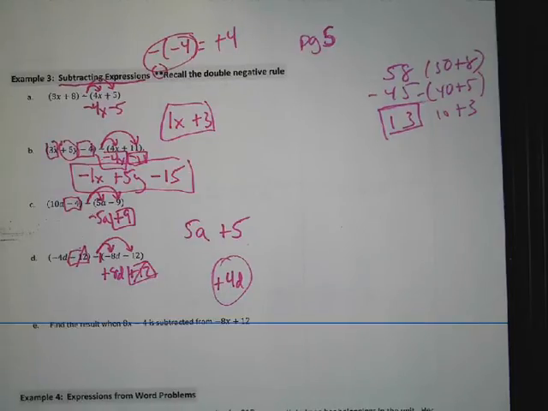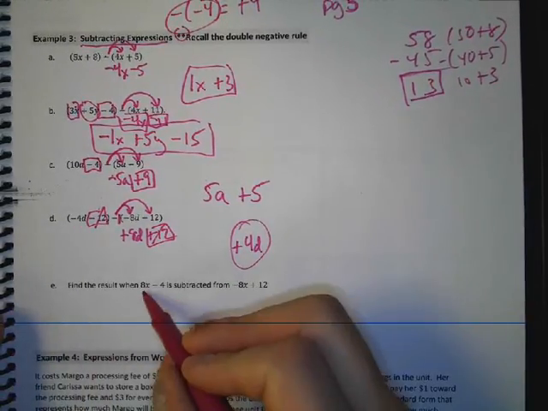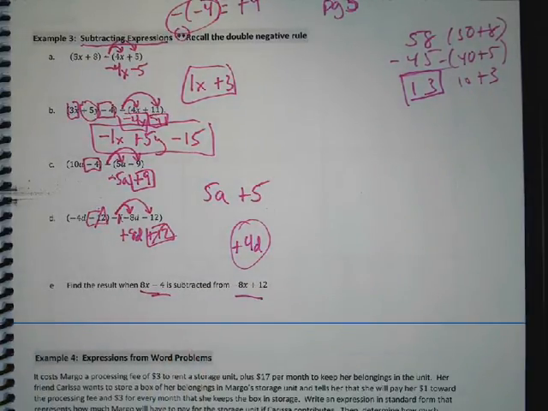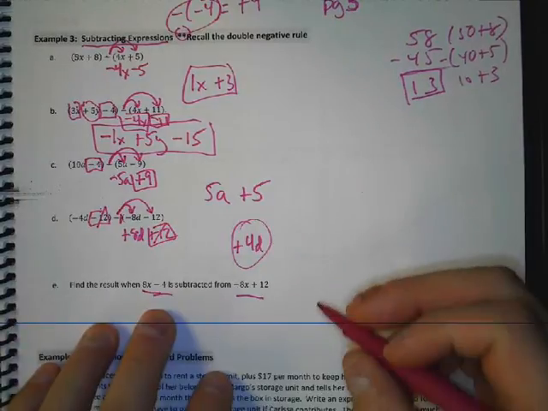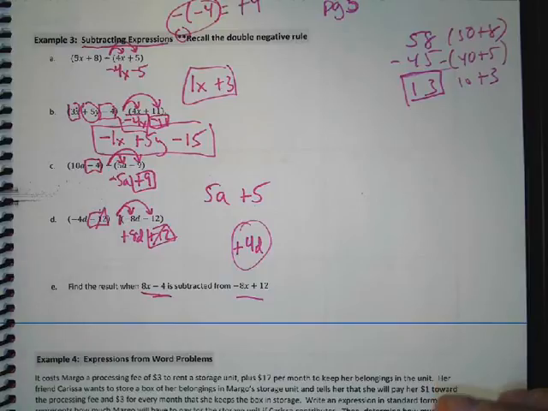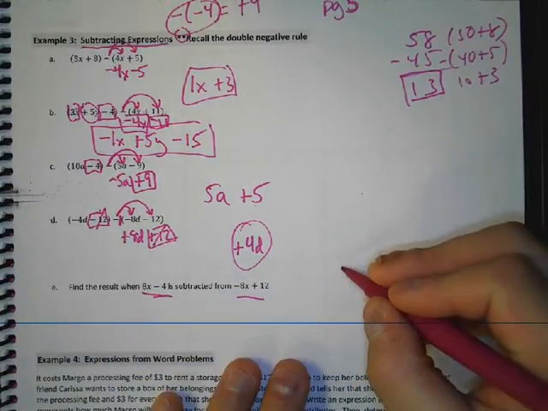E, find the result when 8x minus 4 is subtracted from negative 8x plus 12. Here's something I want you to consider. In subtraction, the order in which you subtract does matter. So the question is, how does this get subtracted? Let's use numbers. Suppose I'm going to subtract 5 from 10.